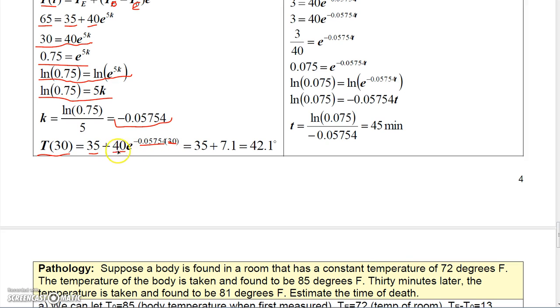So when I multiply this together, 40 times e to this power, I got 7.1. So the temperature after 30 minutes would drop to 42.1 degrees.